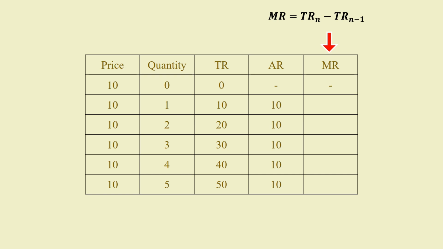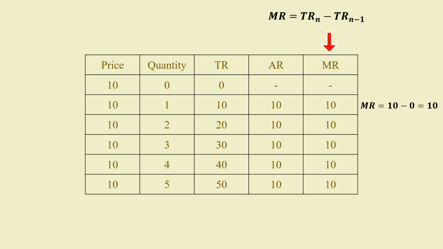Let us calculate marginal revenue for the first unit. The present total revenue is 10 rupees, previous total revenue is 0. 10 minus 0, 10. This way, we have to calculate marginal revenue for other quantities. The values are 10, 10, 10 and 10.